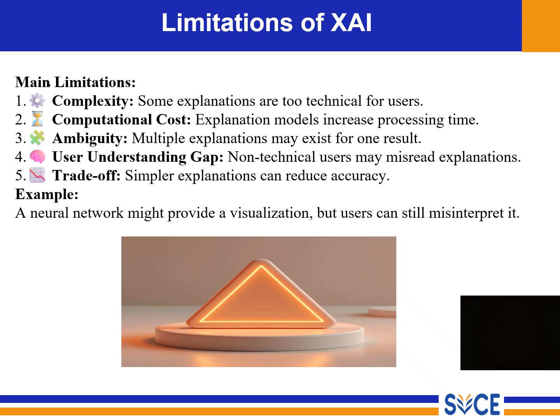The third one is ambiguity. Sometimes two explanations exist for one result. Which one do you believe? Then the user understanding gap, which means non-technical users might misunderstand the visual outputs. And then trade-off. If we simplify the explanations too much, we may lose accuracy.